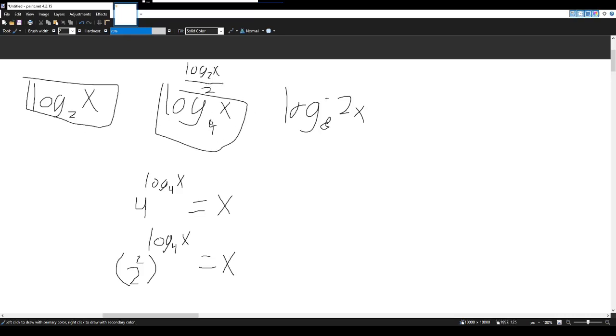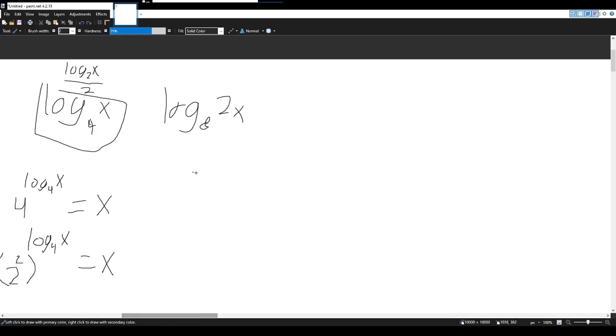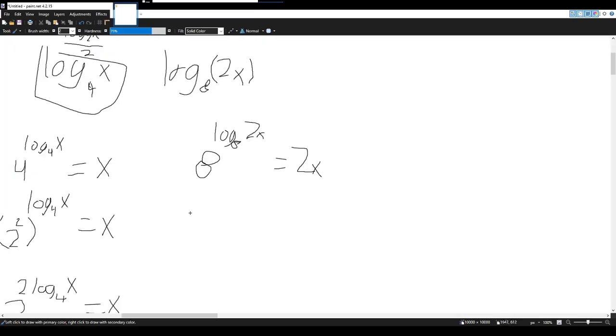Now we just have to do the same thing here. It's pretty much the same process. You just rewrite it: 8 to the log base 8 of 2x equals 2x this time, because we just want the thing that's inside the log. Again, change 2 to the second into 2 to the third, and this stays the same.